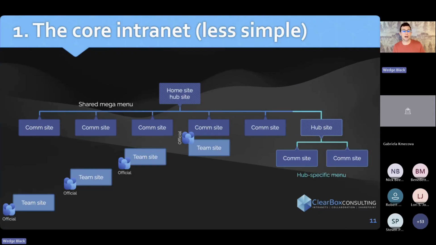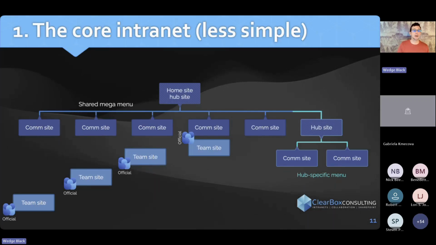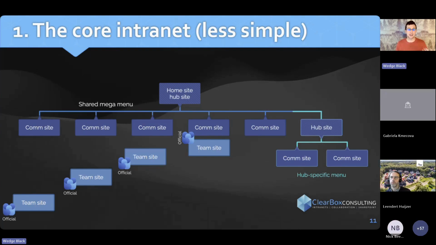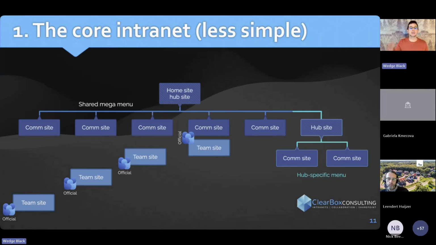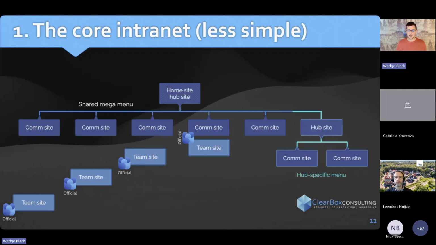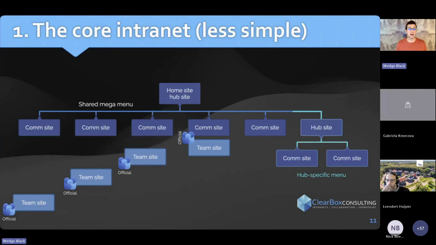And this is why I worry about departments like HR insisting on having their own hub site. Because when a central service department has a hub site, we're getting rid of the consistent all-employee intranet-wide mega menu. We're leaving it up to these hub sites, these departments, to create their own mega menu. So I ask you, how is that useful? How is that creating a cohesive employee experience that is easy to navigate around?